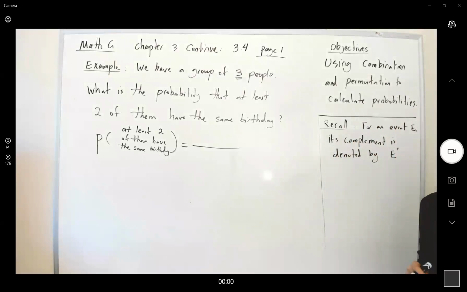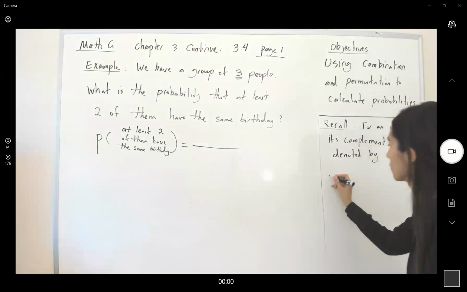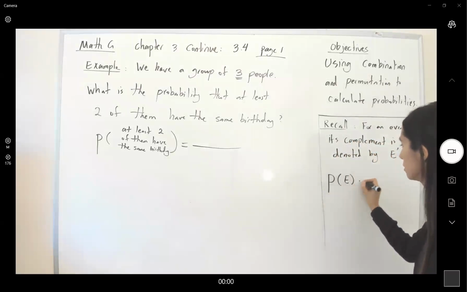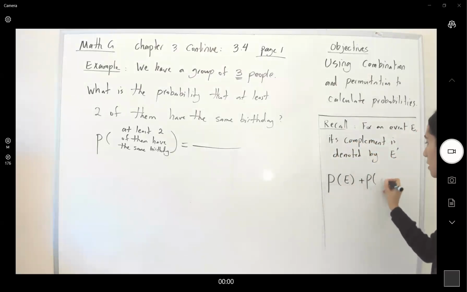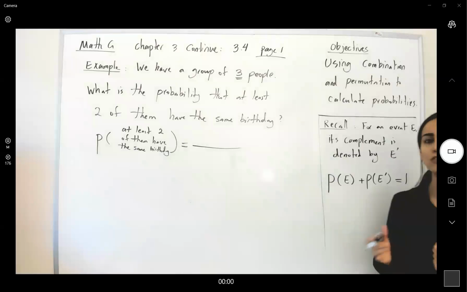And when we talked about the complement of an event, we had a nice rule: the probability of an event plus the probability of its complement is always equal to 100%, or just 1.